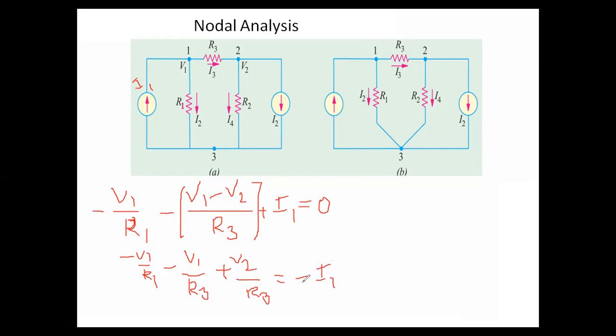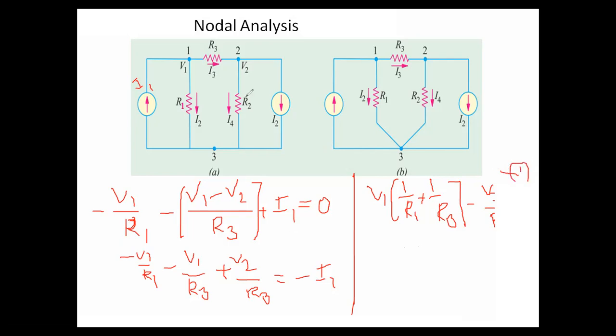Okay, so take the negative of this, so we can get V1 by R1 plus... V1 into 1 by R1 plus 1 by R3 minus V2 by R3 is equal to I1. Okay, so this is the one equation.